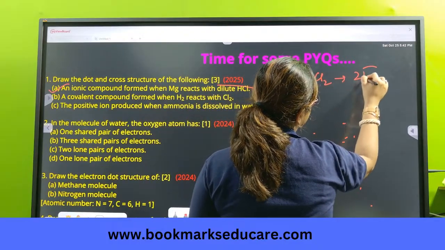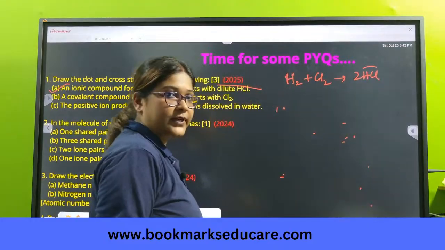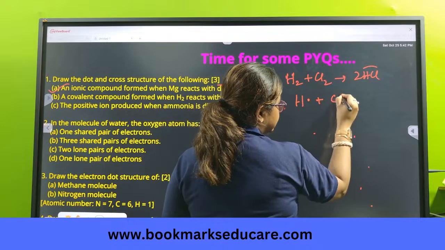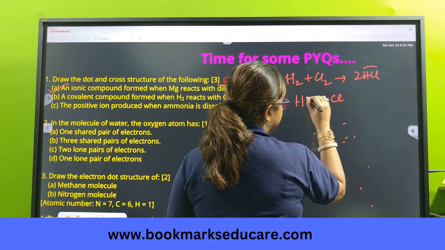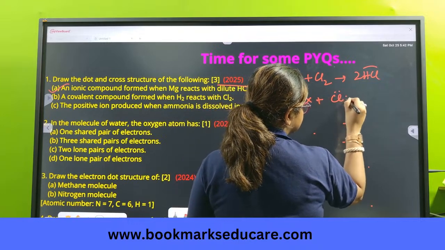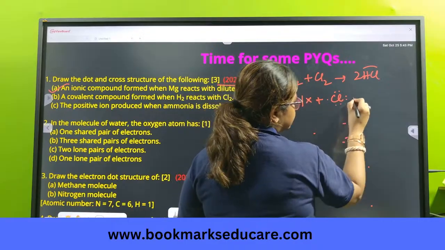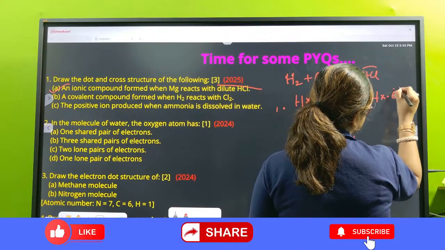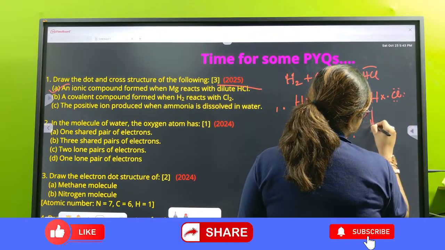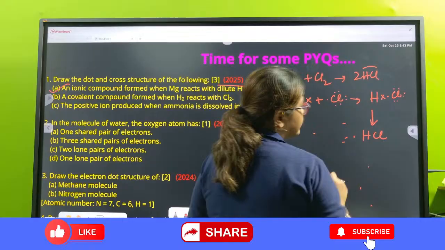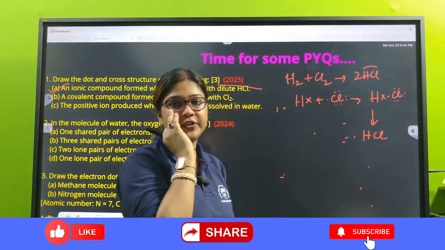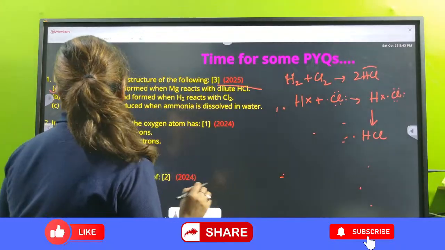It is HCl, right? So hydrogen has 1 electron. This will react with chlorine to give HCl. Okay? So this is the dot and cross structure of the covalent compound HCl.